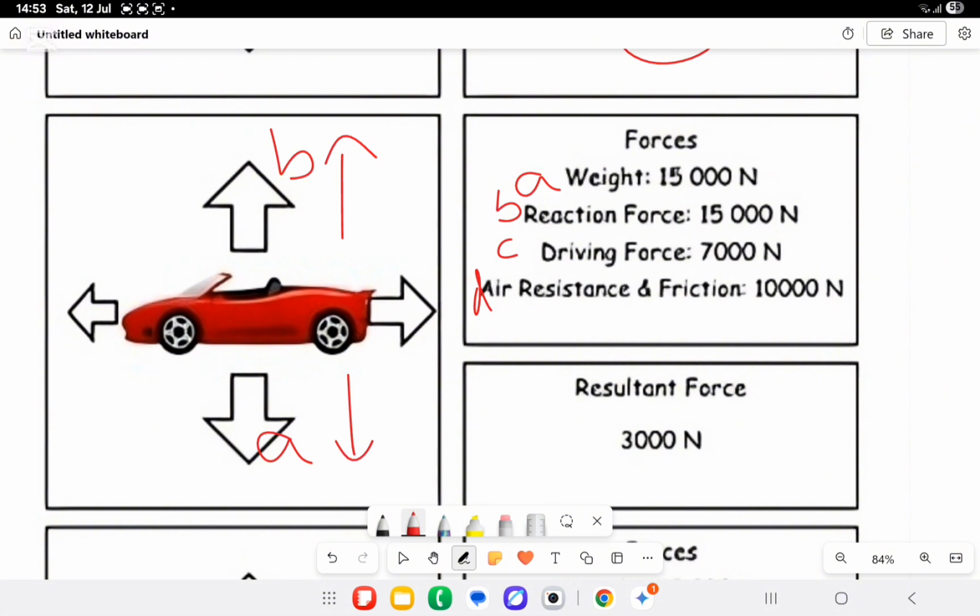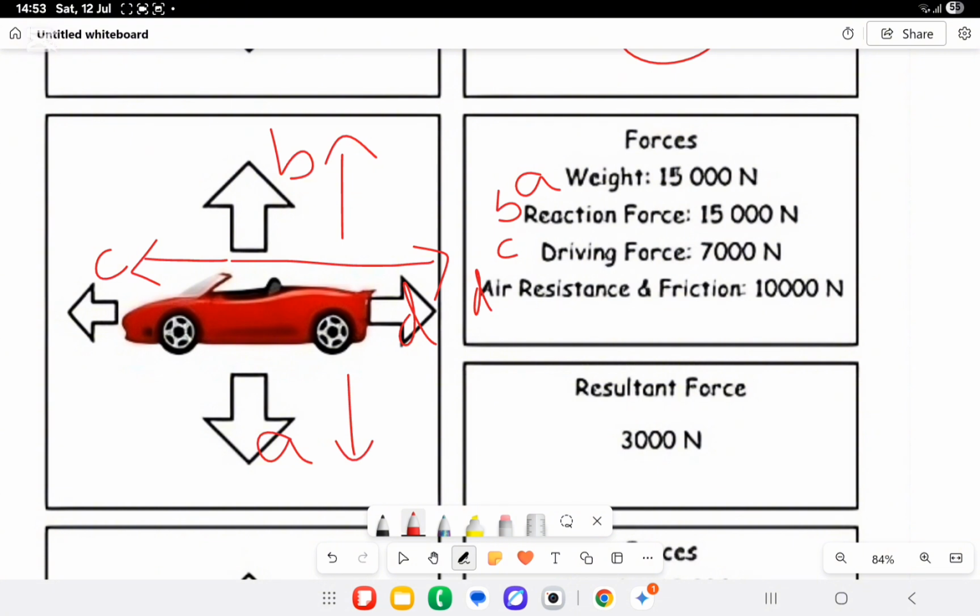And the driving force, which is 7,000 here, and the air resistance and frictional force, D, is 10,000. So you can see that in C the force is 7,000 newtons, and on this side the D force, the frictional force and air resistance force, is 10,000 newtons.